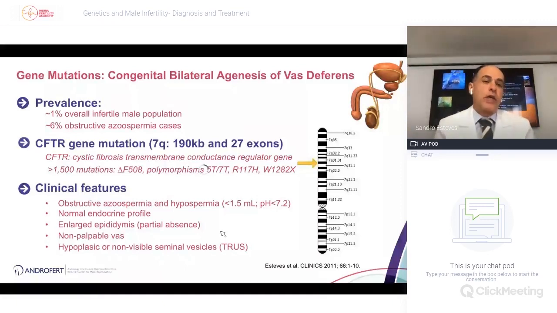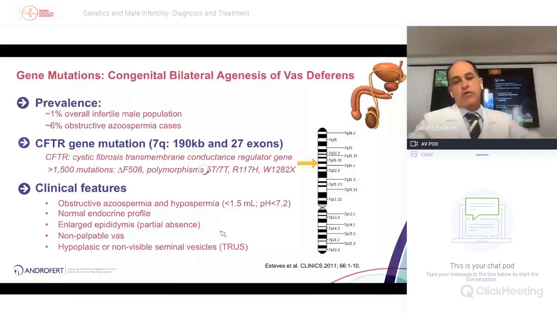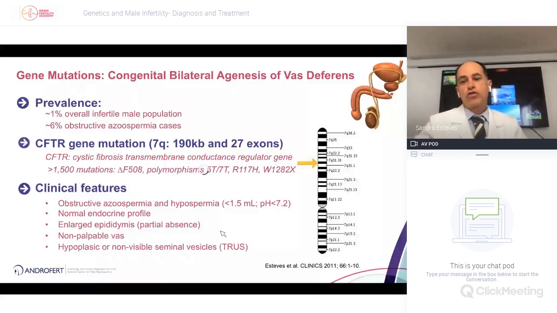This is important because when we test for the CFTR gene, because of this huge number of mutations described so far, it's quite hard to test for all mutations. And we need to develop a panel that will catch most of the mutations for that specific population.